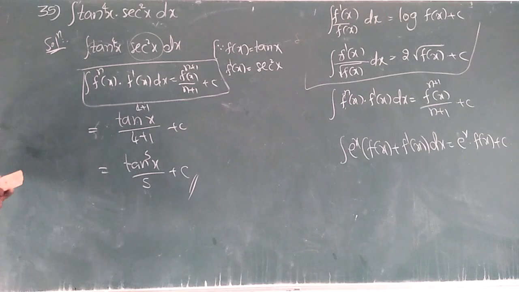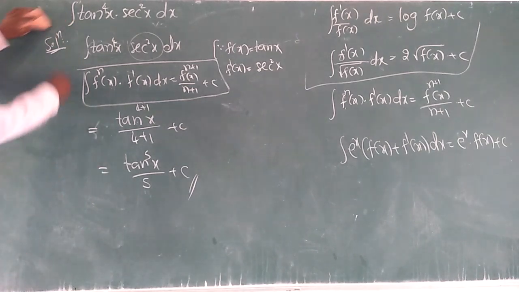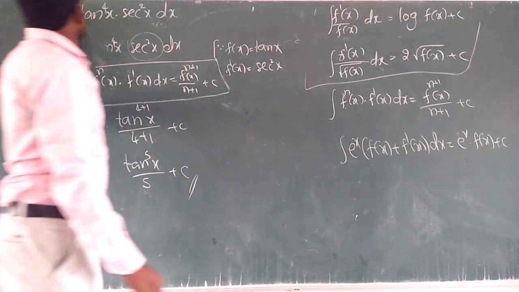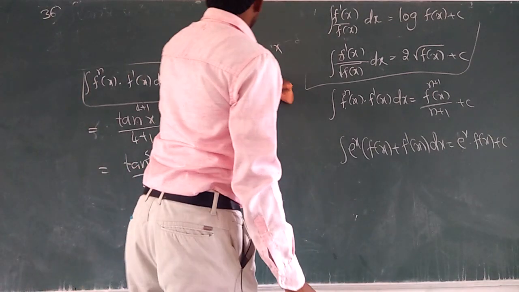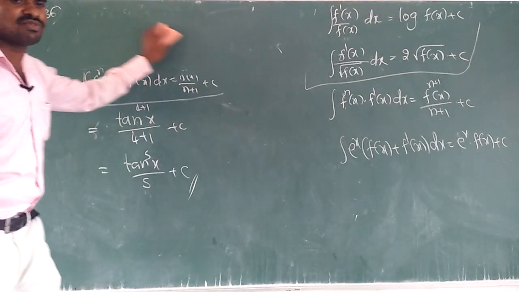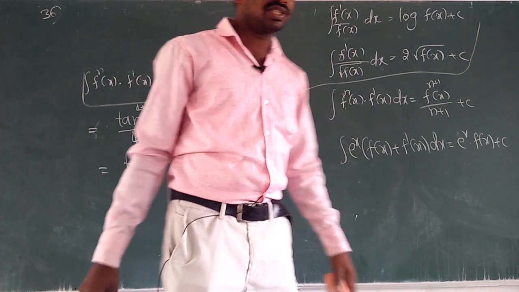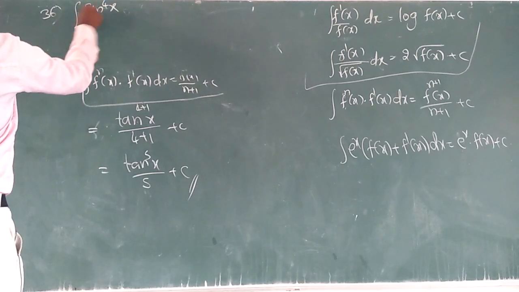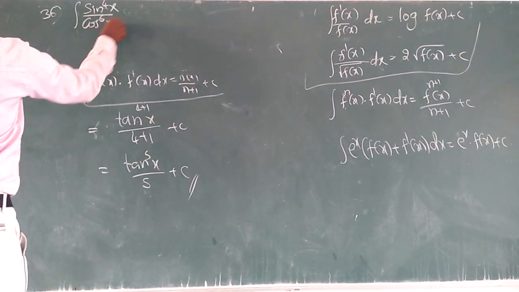Next question, 36. Is it okay? Next, we may use the same formula. The next question is integration sin power 4x by cos power 6x.